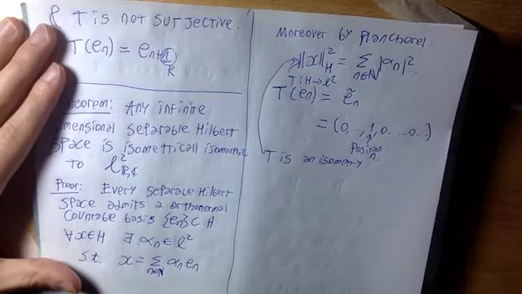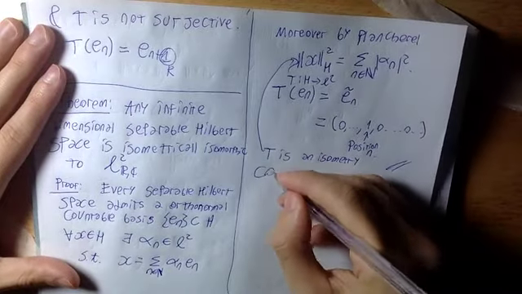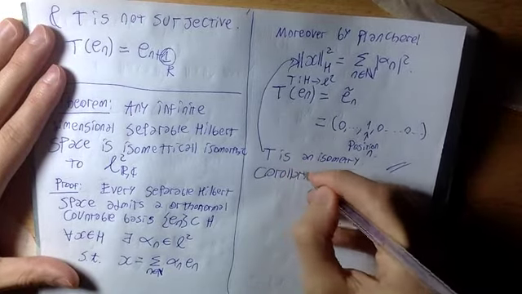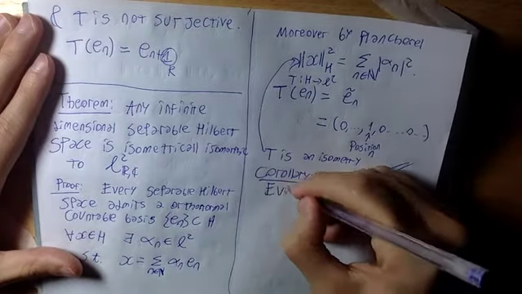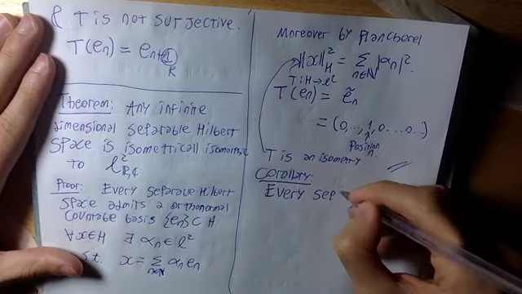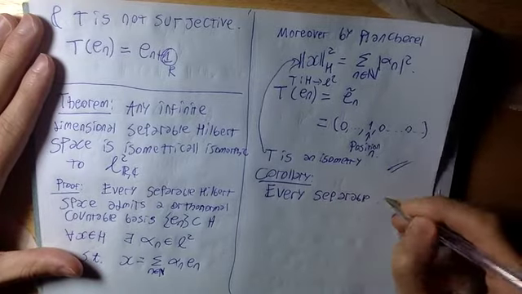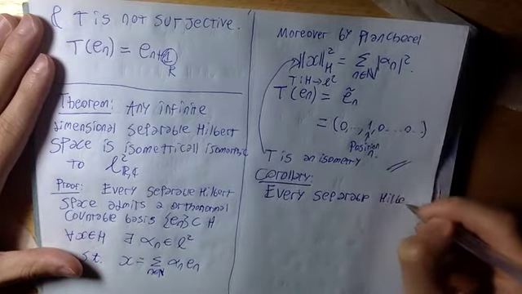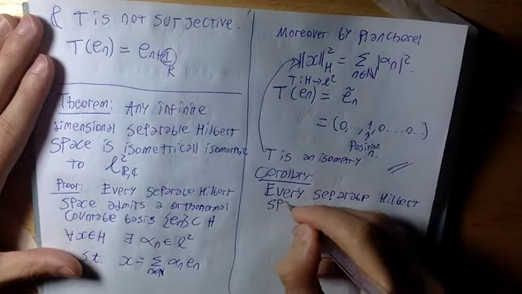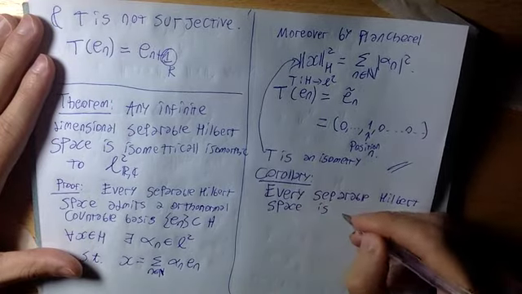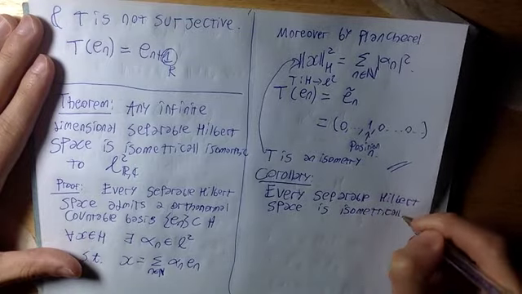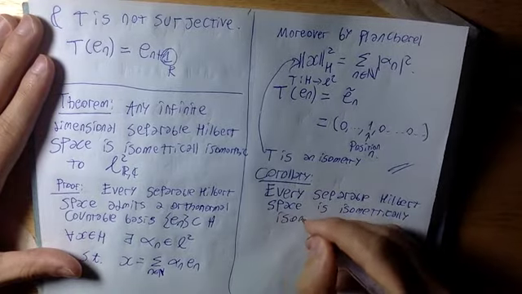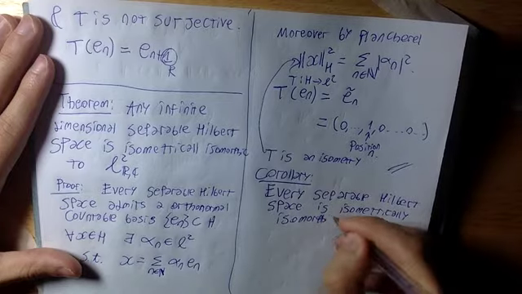So in particular, what is the corollary of this? The corollary is that every separable Hilbert space is isometrically isomorphic to each other.